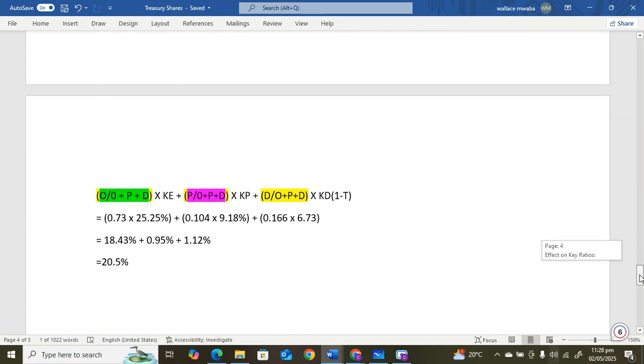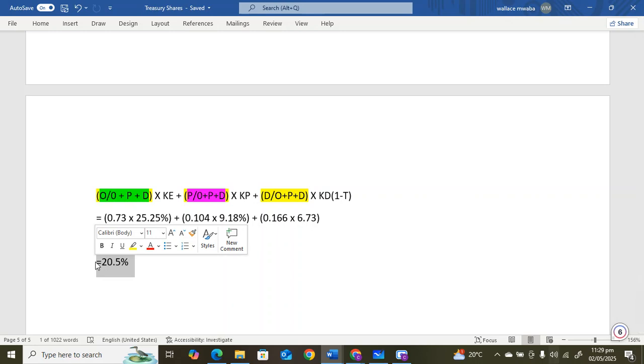But now, currently, this is the new minimum return that will make the providers of capital happy. Any questions?